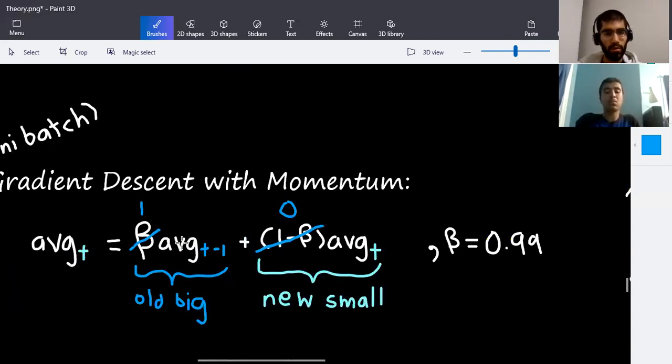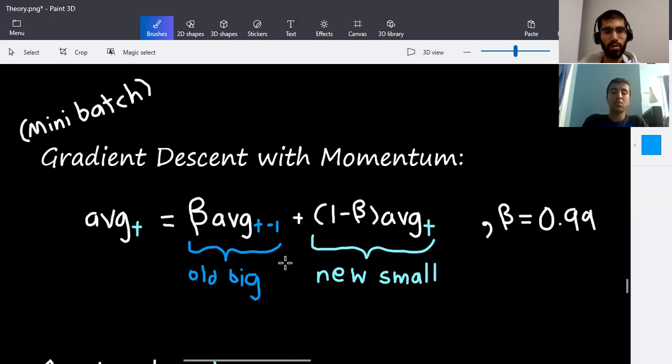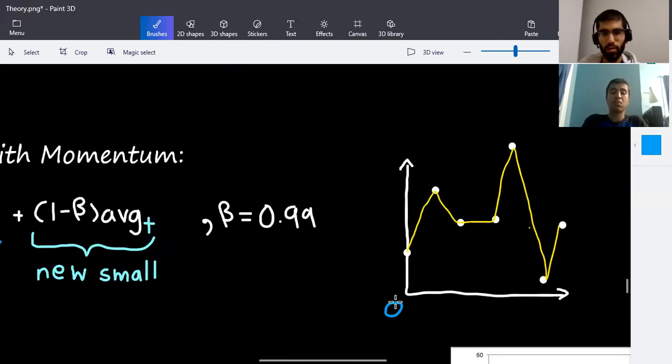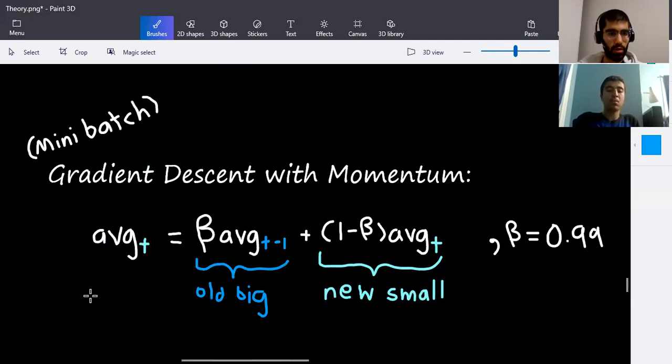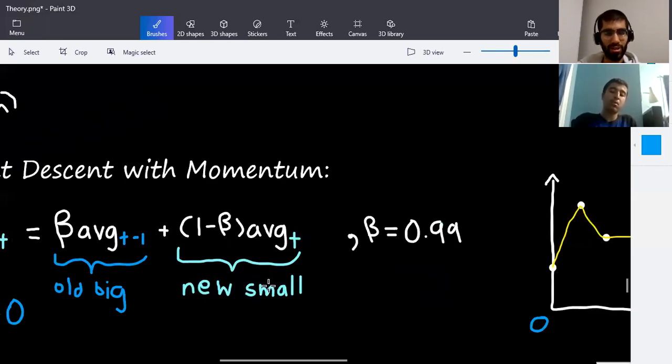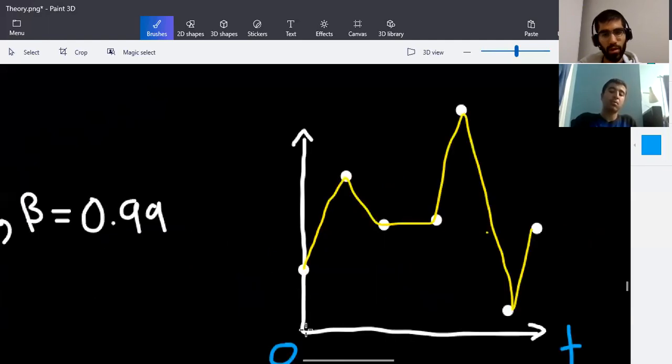If you look at this formula, we start off at t equal to 0. Let's say over here we have 0, and this is t. We say, okay, starting off, the average at position 0 is equal to 0. That makes sense. We haven't added anything to it. As we add the first thing, the average moves from 0 towards this first thing.